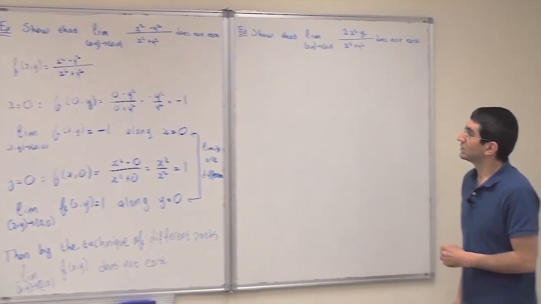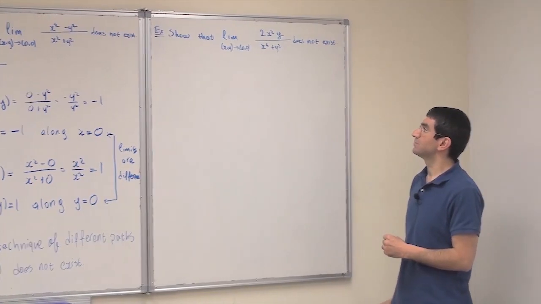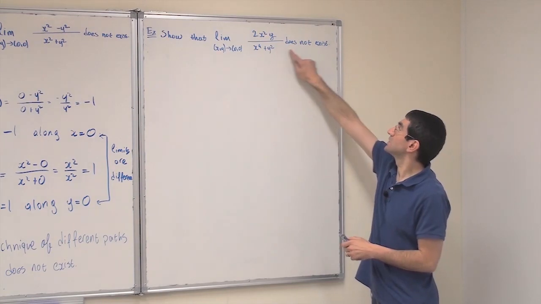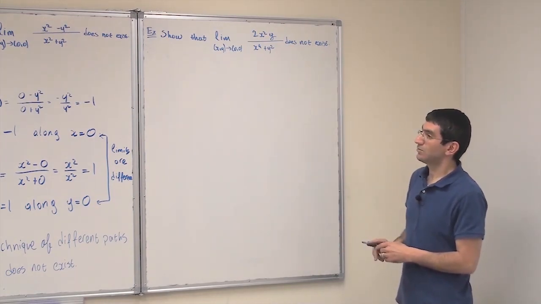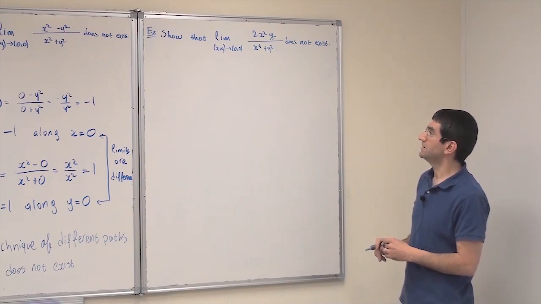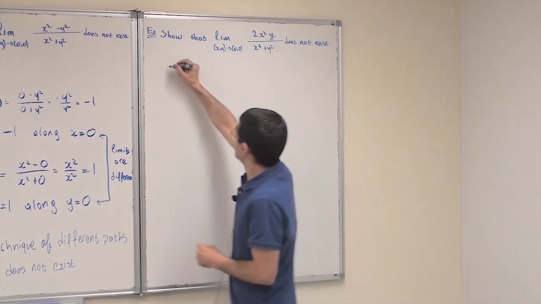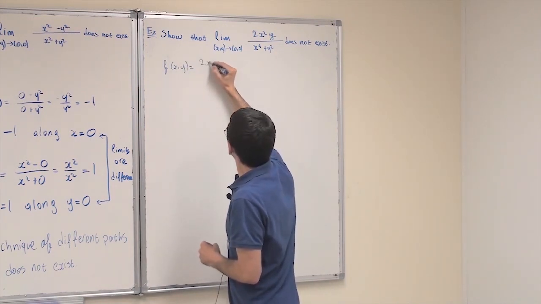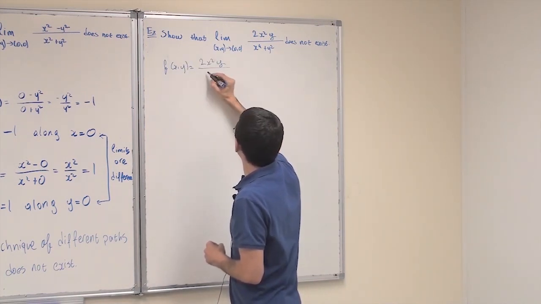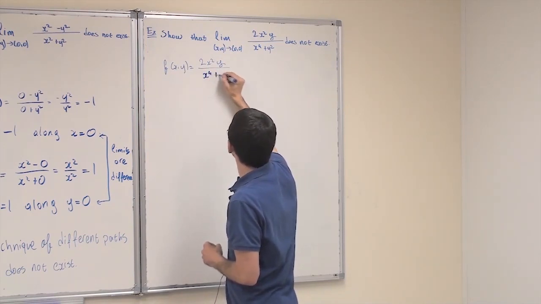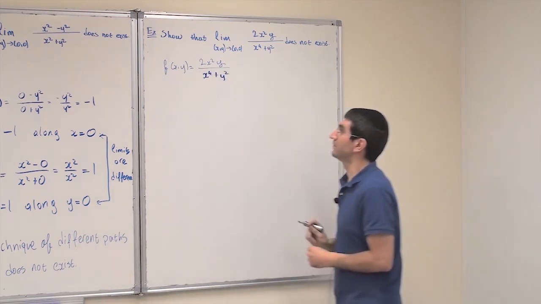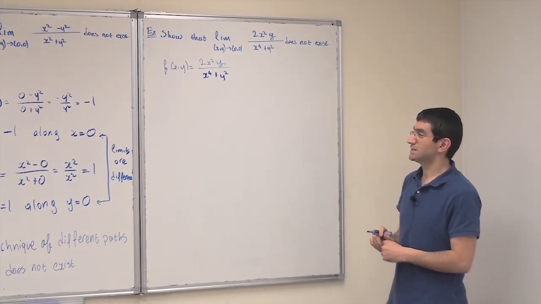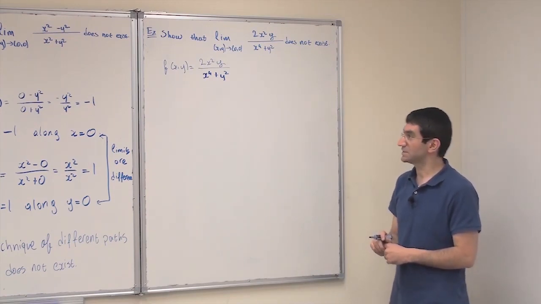Okay, so let's look at our next example where we again want to show that the limit of this two-variable function doesn't exist. And we want to use again the technique of different paths. So let's give a name to our function. So f is 2x squared y over x to the power 4 plus y squared. Our goal is to find two distinct paths which give us two distinct limits.